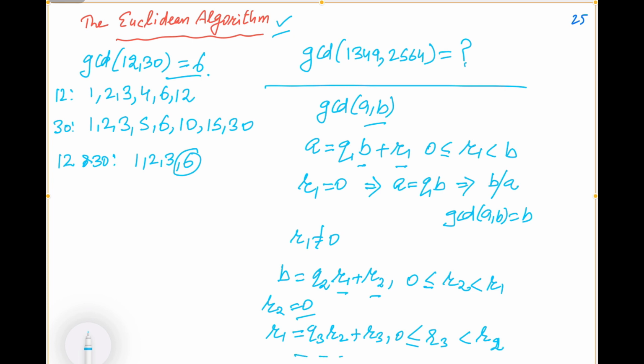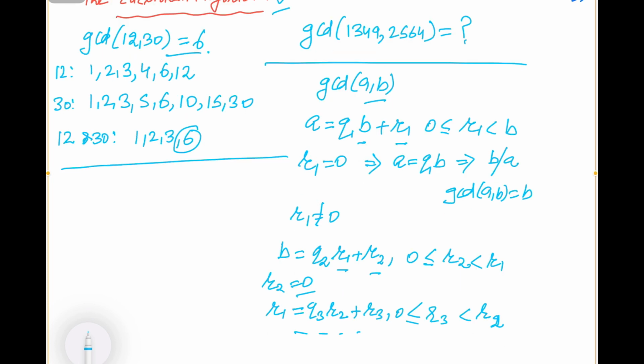So we keep on doing this. This process will end when zero remainder occurs, and that certainly occurs because we have a strictly decreasing sequence of remainders which is greater than or equal to 0. So certainly after B steps we get 0 remainder.